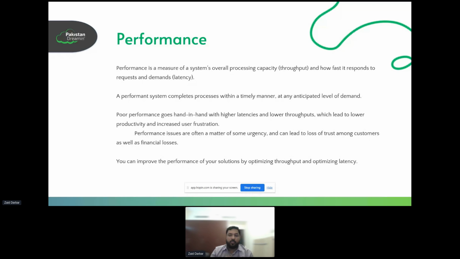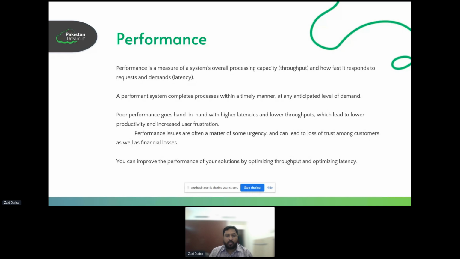It should not only be done in a timely manner, it should also cater to the anticipated level of demand. So user perception is also a key part of this. We have to see performance in terms of latency and throughput.